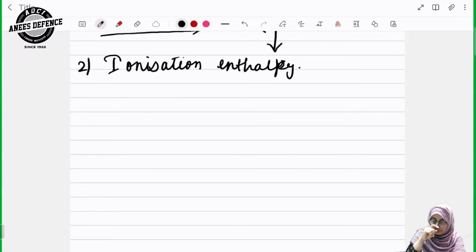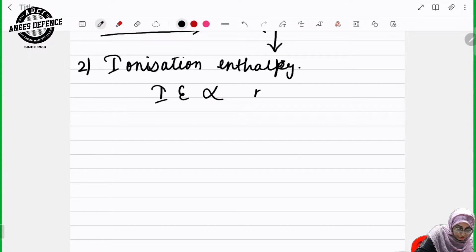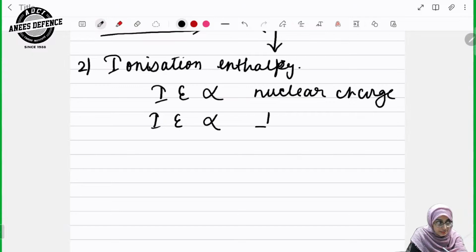So here also what we have seen is that ionization energy is directly proportional to the nuclear charge. And ionization energy is inversely proportional to the atomic size.